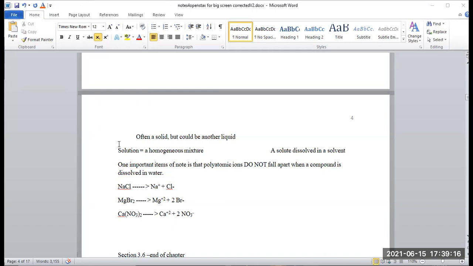When you drop it in water, the bond that holds the nitrates to the middle comes apart. But the NO3 chunk does not. This is very, very relevant to a lot of the middle of this chapter.